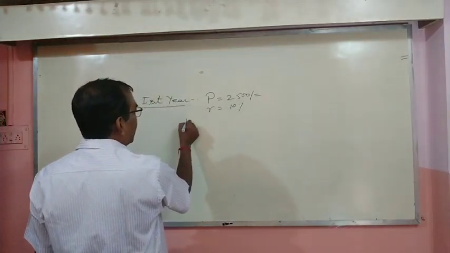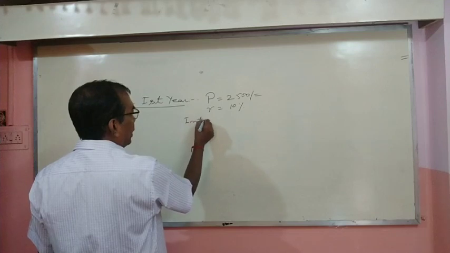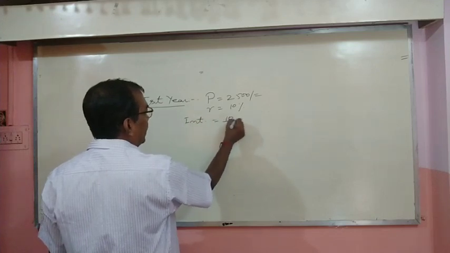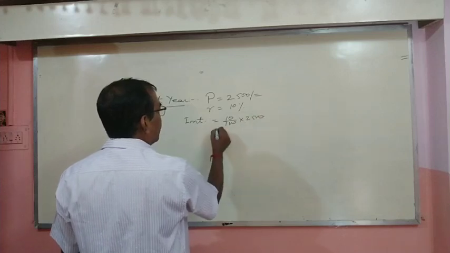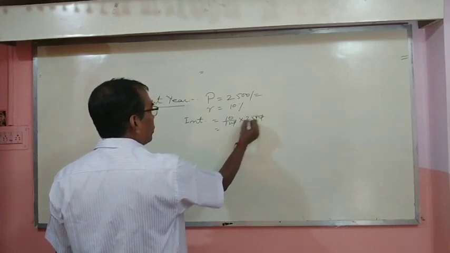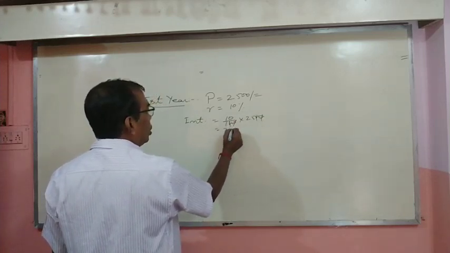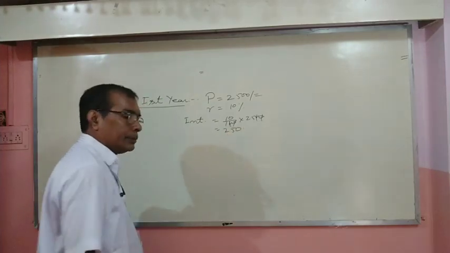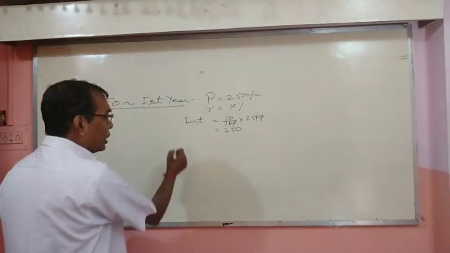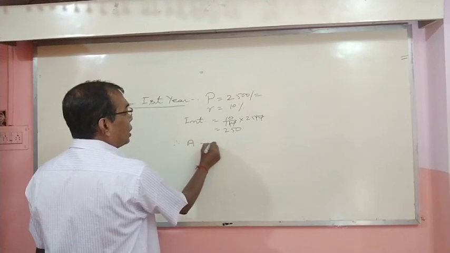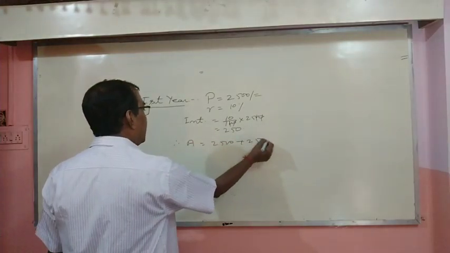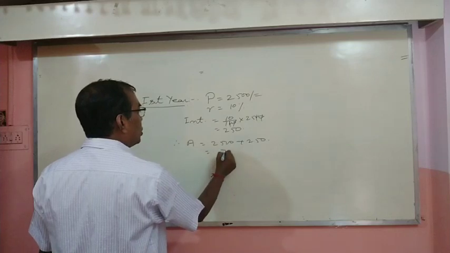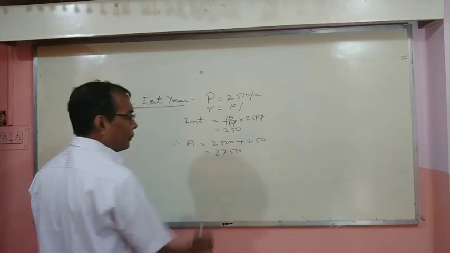So the interest will be 10% of 2500, which is equal to 250 rupees. And for the first year, the amount will be 2500 plus the current year's interest, which is equal to 2750.